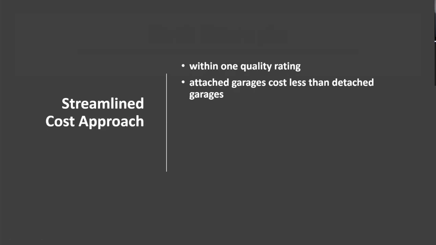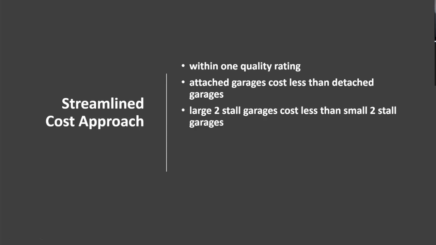So because we're only counting garage stalls, we're just going to ignore that difference and treat them the same. I shouldn't say ignore. We're going to keep that in mind and realize that it's not critical to the mission here. A large 2-stall garage will cost less than a small 2-stall garage, but the way that shows up in the MLS data is it's a 2-stall versus a 1-stall, right? So that's all the detail we're going to expend our time on.